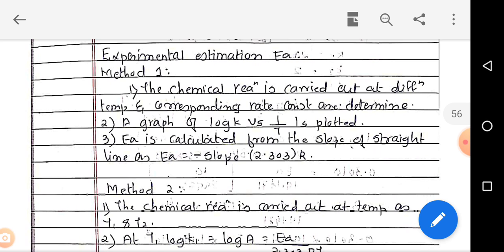If a molecule does not have that much energy to achieve the transition state, intermediate, and then finally products, then it is provided externally to collide the reactant molecules and achieve the transition state.